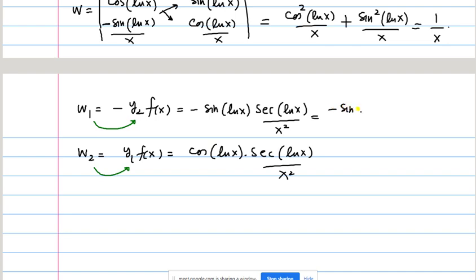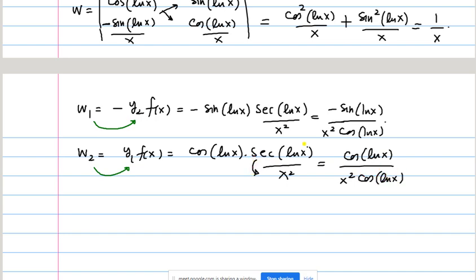So you can write w1 as sine log x divided by cosine log x and x square in the denominator. Similarly here, cosine log of x divided by x square, and this secant goes down and becomes cosine log of x. So here cosine and cosine cancel, and you get just 1 over x square.